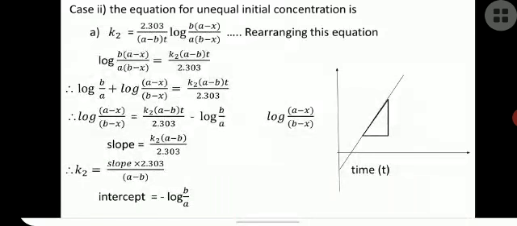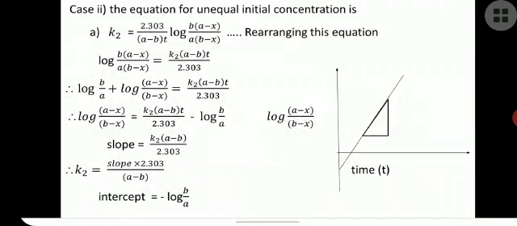By shifting the term log(b/a) to the right hand side, we can write the equation as log[(a − x)/(b − x)] = k2(a − b)t/2.303 − log(b/a).